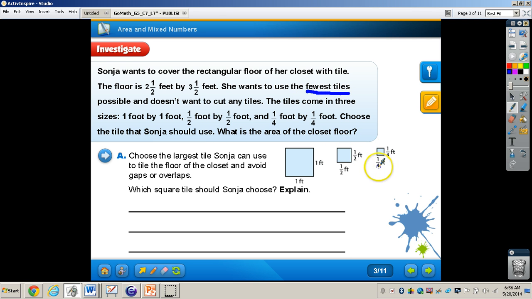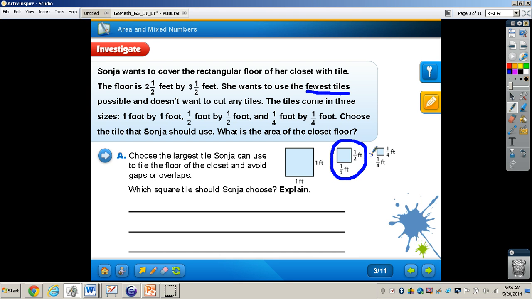Because we know that 1/4 could be added together to get to 2, and then also to 2.5. 1/4 could be added together to get to 3, and also 3.5. However, fewest tiles possible. Okay, so which tile should Sonia choose? It's going to be 1.5 foot by 1.5 foot.